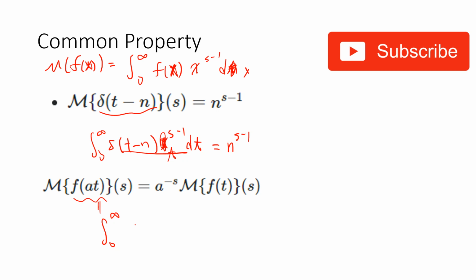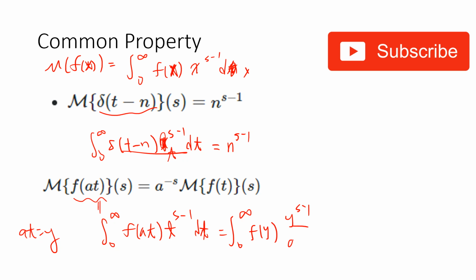The scaling property is very famous in Fourier transform and Laplace transform. So it's the integral of f(at) t^(s-1) dt. Let at equal y. Then it's the integral from 0 to infinity of f(y) y^(s-1) a^(-(s-1)) dt, and a dt is dy, so dt is dy divided by a.